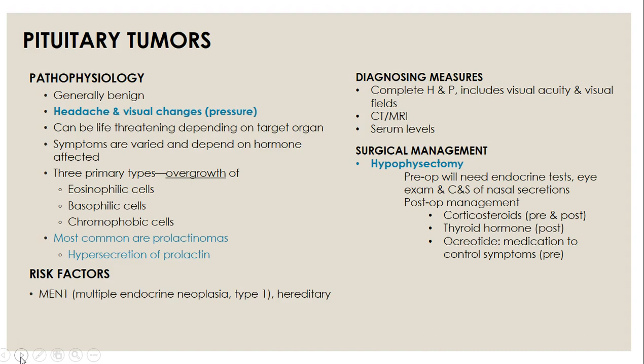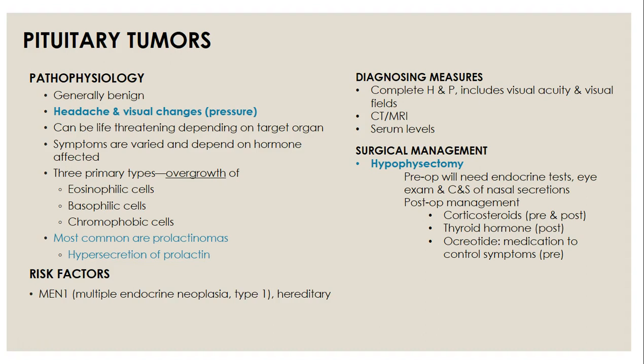So with pituitary tumors, some of the pathophysiology and some of the signs and symptoms that we're going to see in patients are headache and visual changes like pressure. And again, if you think about where the pituitary is, if there is a tumor in relationship to the eyes, it makes sense.